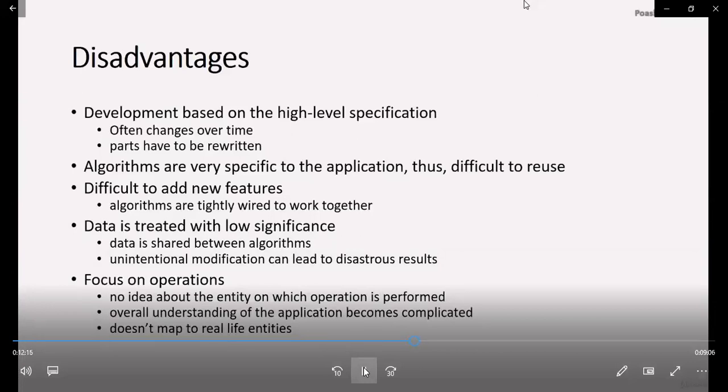Therefore, a new way of resolving complexity was required, and that's why object-oriented decomposition came into the picture. We are going to discuss this object-oriented decomposition in the next session.